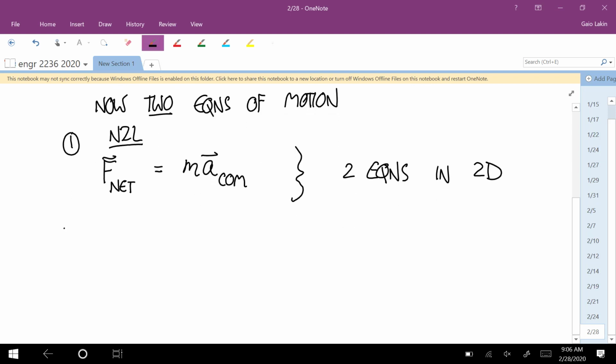And then the second equation of motion is what I call the rotational version of Newton's second law. That's the moment equation. And that says if you add up all the moments about point A, so I'll call that M_A net, that's equal to the mass moment of inertia about A times the angular acceleration vector of the body.